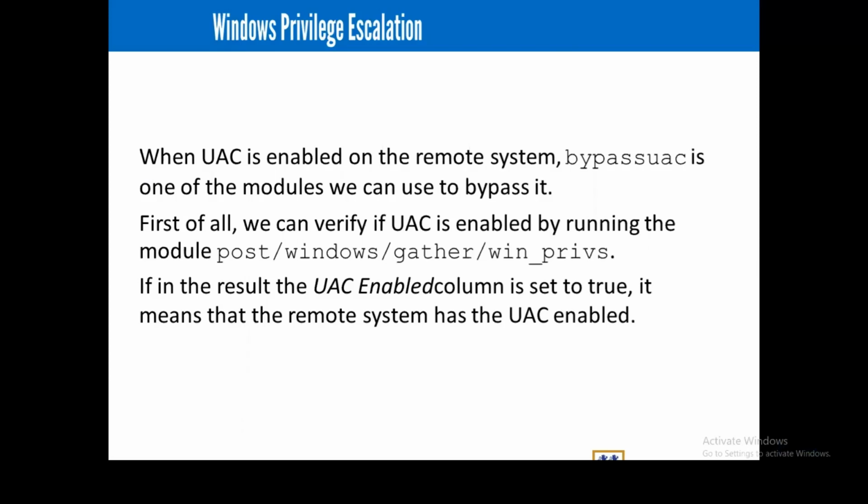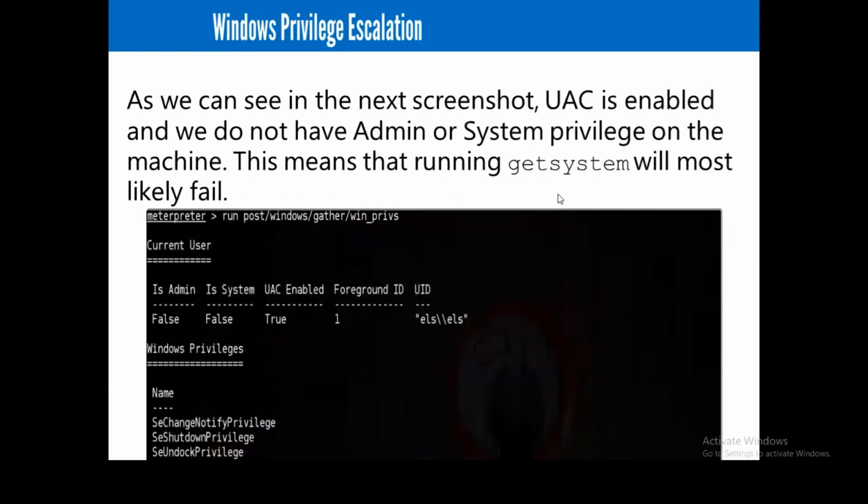When UAC is enabled on the remote system, bypass UAC is one of the modules we can use to bypass this. So how do you use this? You type this command, run.